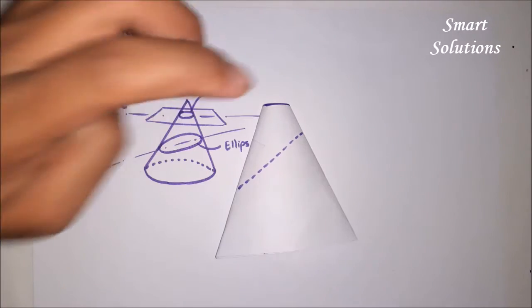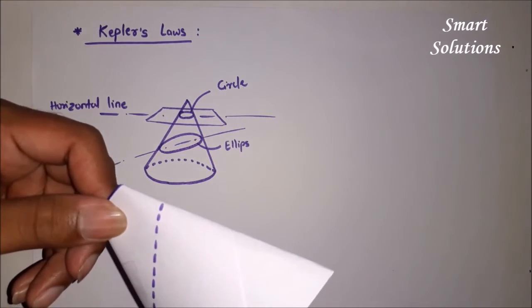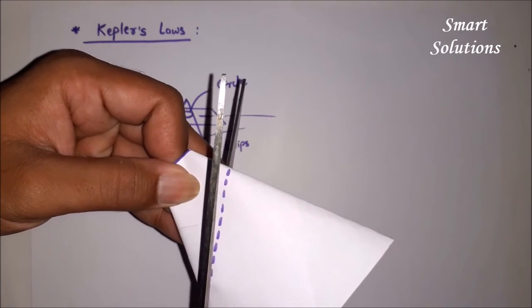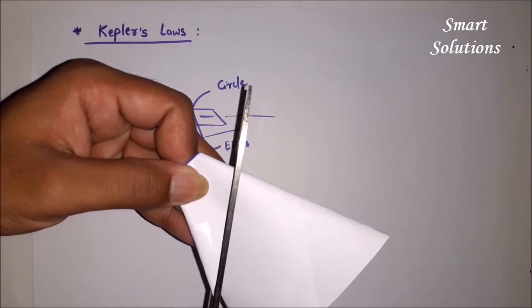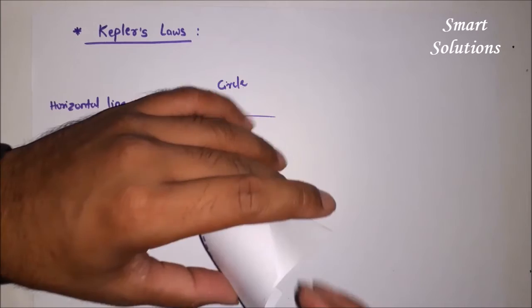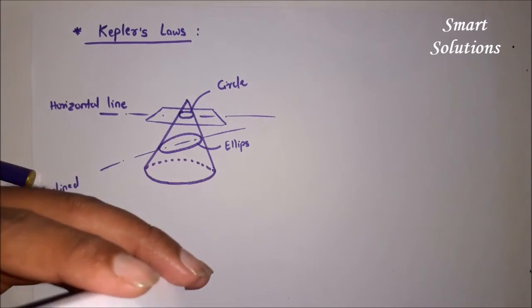So this is an inclined line. Now we will cut this cone along the inclined line. We have actually cut the cone now, and now we will observe what the shape is.